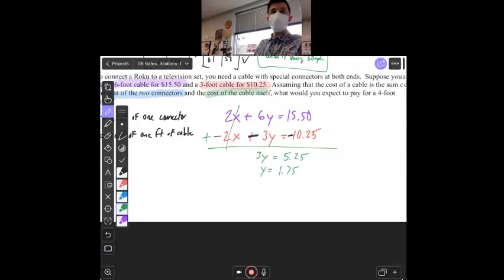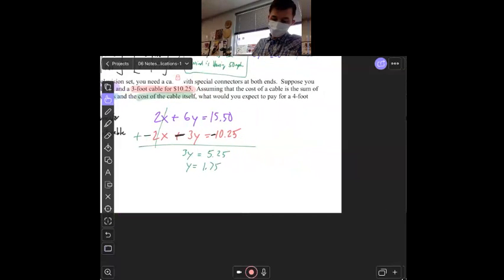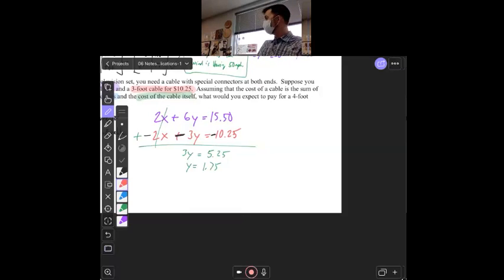Okay. y is equal to 175, so we just need to plug that back into one of those equations. Which one should we use? Okay, top one. So we get 2 times x plus 6 times 175 equals 1550.